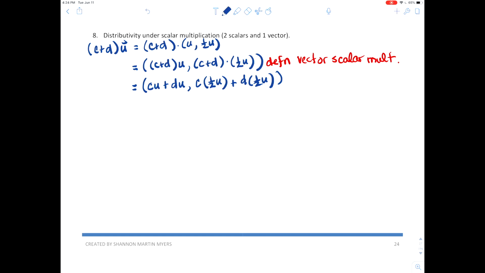Half times U is grouped in each. Cool so far? Now remember, where we want to go is we want to say that we have C times the vector U plus D times the vector U. And this reasoning here was why: the set of real numbers is distributive under multiplication.